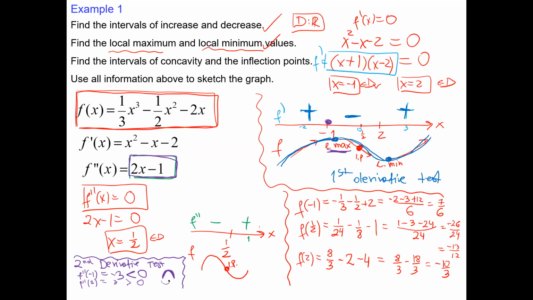We know that the function will be concave up. If it's concave up, at the bottom, we have a local minimum. And we did this because we used the first derivative test. I just wanted to show you how the second derivative test works, which of course we don't have to apply all the time. We may stick to the first derivative test because the first derivative test works always.